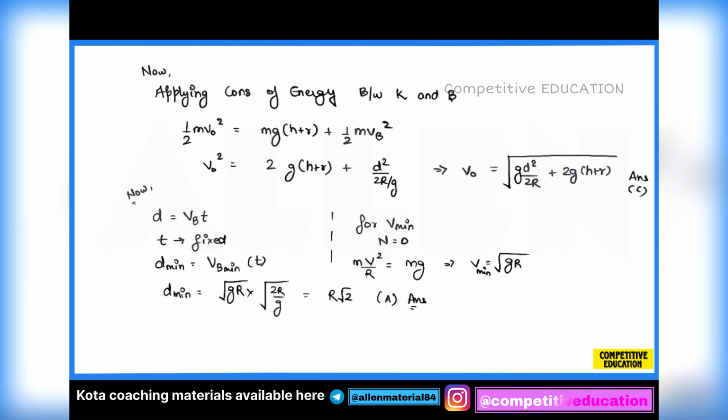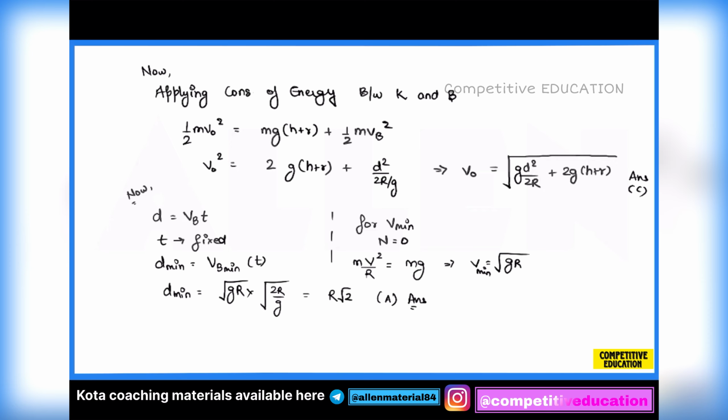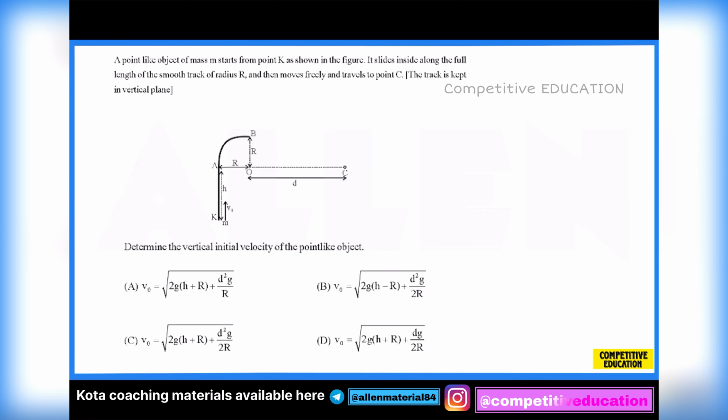Putting the value of vB square from here, I get d square divided by 2r by g. So v0 will come out to be the under root of g d square upon 2r plus 2g (h plus r). This will be my answer. This is given in option C, so the correct answer to this question is C.